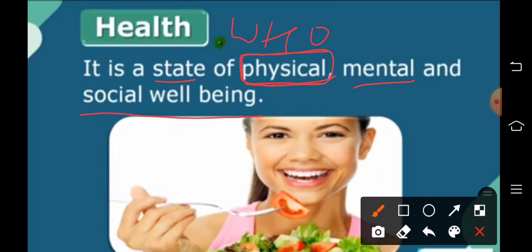If you are mentally fit, then you are healthy. And social well-being is also a good factor of your health. It means that you do not smoke or take alcohol, so socially you should be fit. Okay, it is a state of physical, mental, and social well-being. So this is the definition of health. Your health will be good if you are physically, mentally, and socially fit.